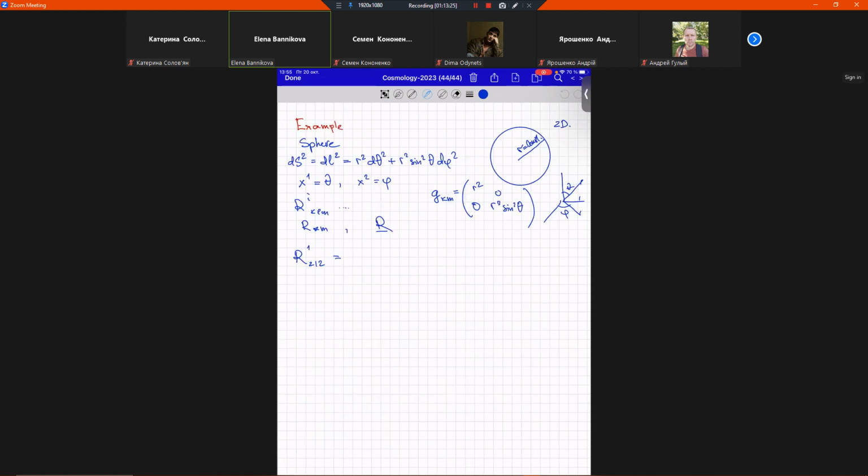So I just need to write d gamma 2 to 1 divided by d x1 minus d gamma, I will use the numbers, not the letters, 1 divided by d x2, plus gamma minus gamma.